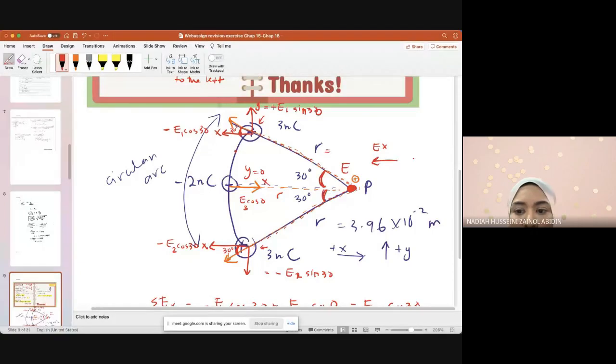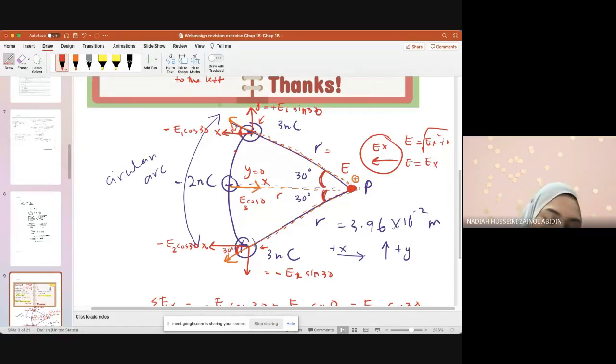EY is 0, so E is the square root of EX squared plus 0 squared. So basically E is just EX, either to the right or to the left. But since my total EX is negative, it should be to the left. I need to check back on this one.